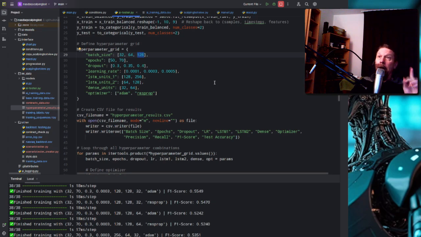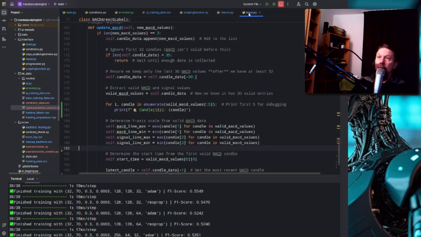Then, did I change anything in the code? Well, I did change something in the code of the viewer, and that's right here, in the MACD user interface. There was an error yesterday. I had a crash.